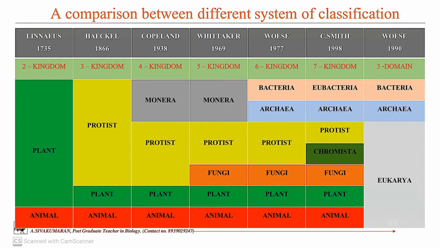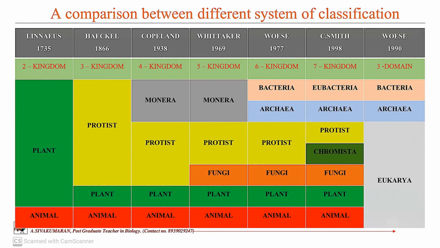In six kingdom, Monera has been divided into two categories: bacteria, archaea, then all the other Protista, fungi, plant, animal. In seven kingdom, again the bacteria is divided into eubacteria, archaea, protozoa, then chromista, fungi, plant and animal.